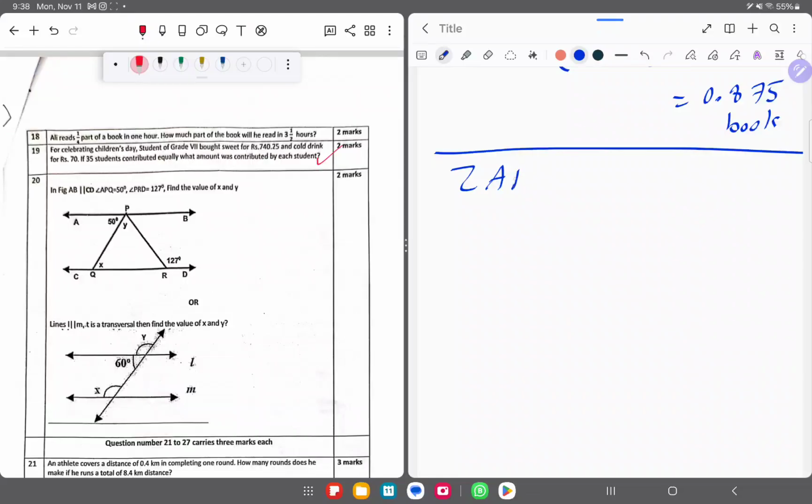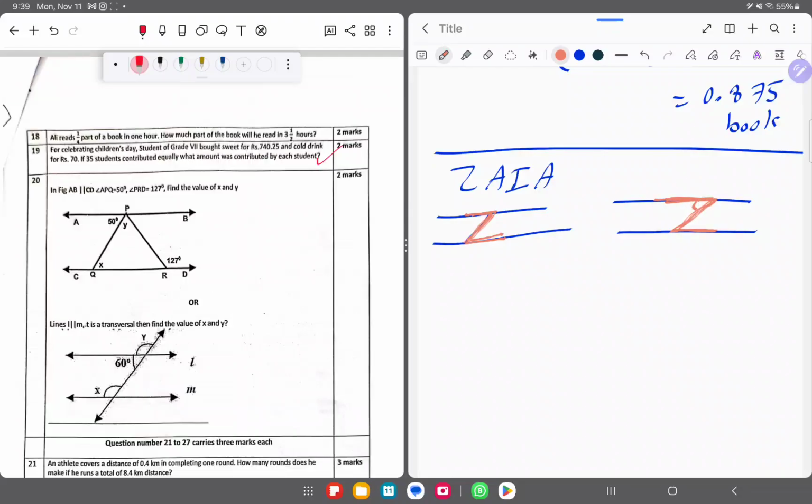Z, A, I, A. Z is when I have a Z here. This is my Z. Do you see the Z? This is the first Z. And this is the same thing. I'm going to draw it in a million different ways so that you can see.